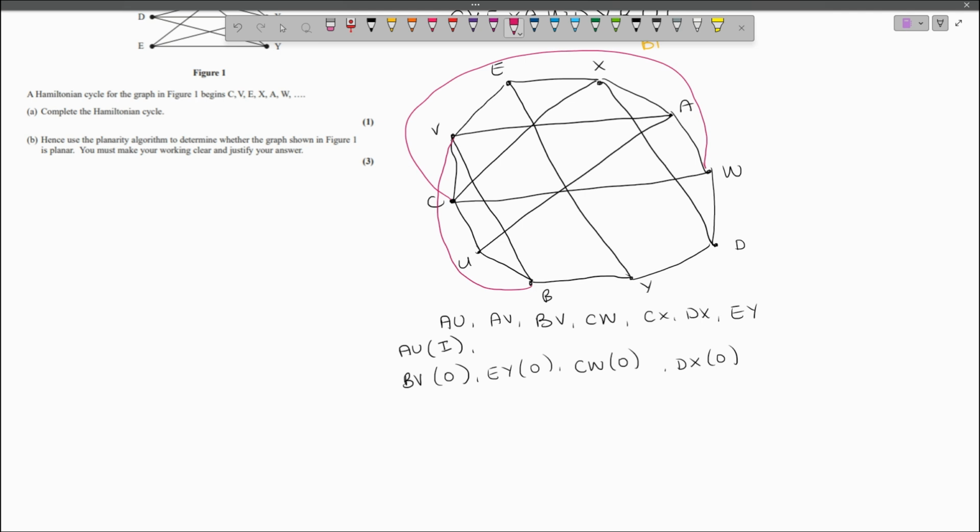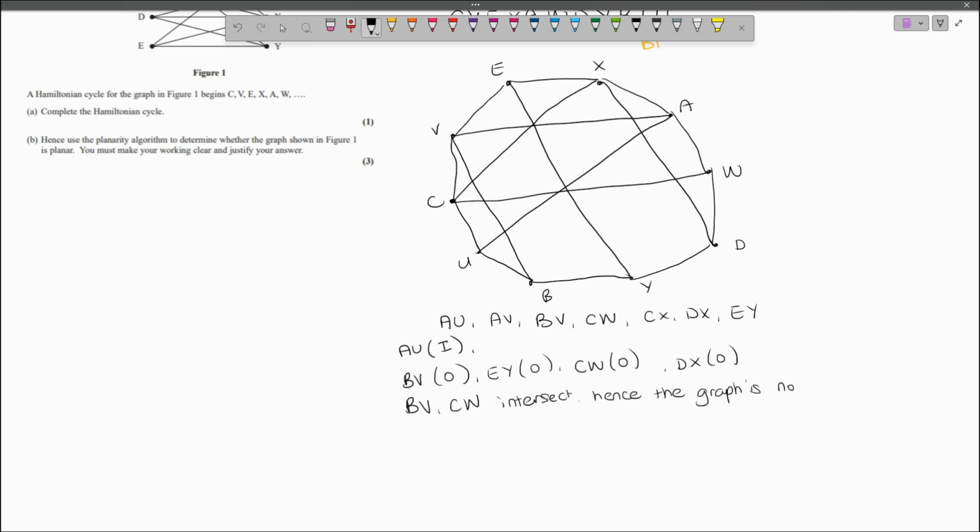And I can't leave one of them inside the graph because it's going to intersect with AU. So I run into a bit of an issue. BV and CW intersect. Hence the graph is not planar. Full stop.